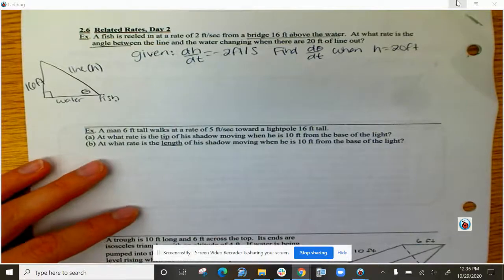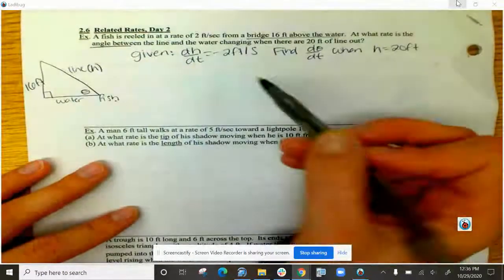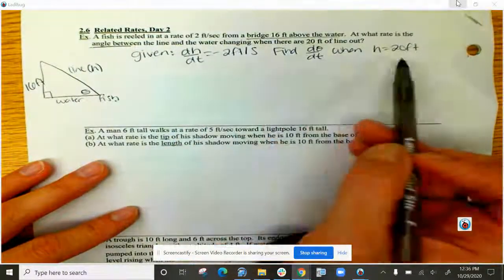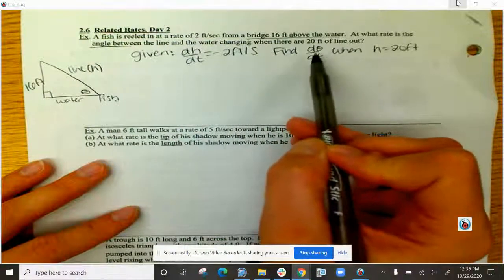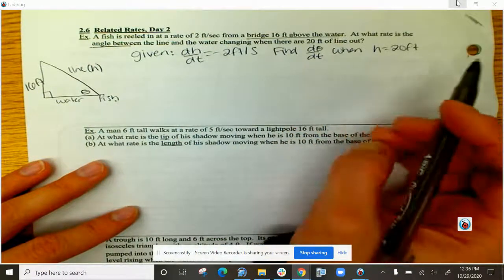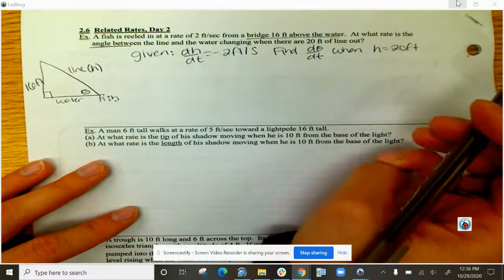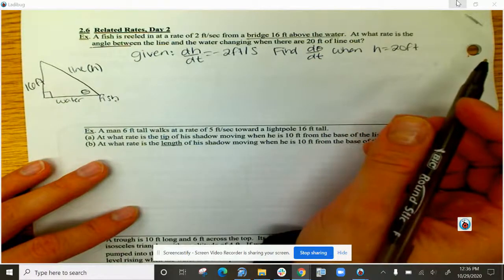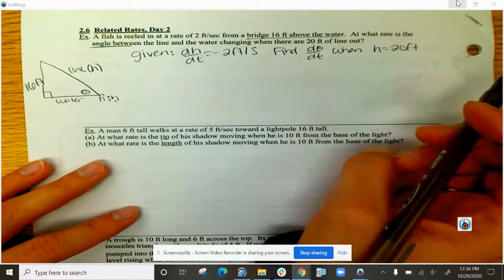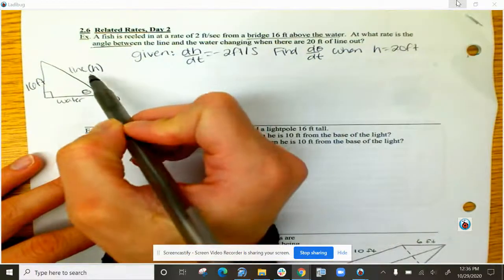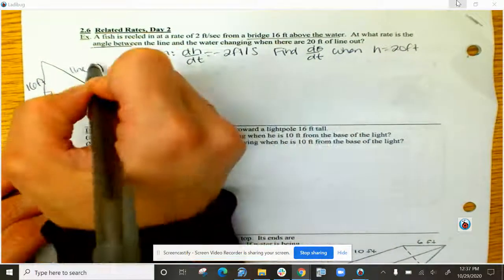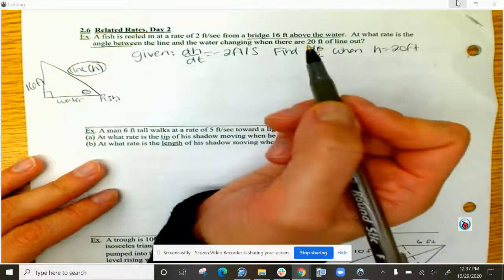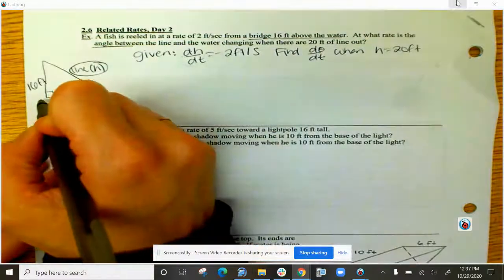And so the best thing to look at here is we're involving H, and then we're involving another variable, but we don't necessarily know specifically what variable. So we got to kind of think about that. So if you're looking for dH/dt, we know we have to use this one. And then the only other one that we know is the 16 feet.